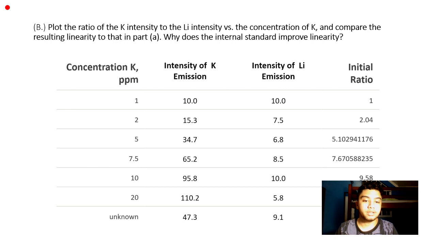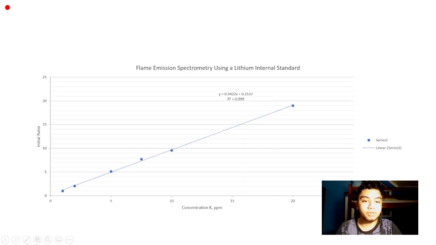Following the same formula, we get the value of the rest of the initial ratios. After that, we will plot the concentration of potassium in ppm versus the data for the initial ratio. After plotting both of the data, we get this table.